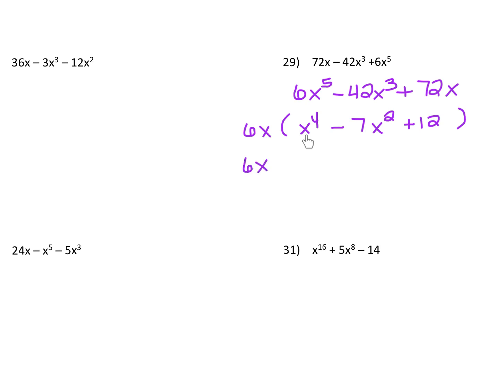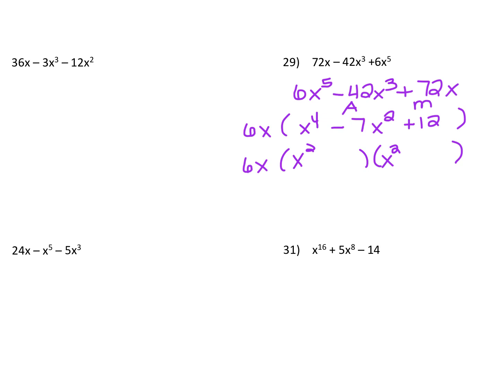And because we have a trinomial where the leading coefficient is a 1, we're going to open up 2 sets of parentheses. I'm going to put the square root of the first term in the first spot in each parenthesis, right? X squared times x squared gives us x to the fourth. That's why we're putting that here and here. And then we're just going to come up with 2 numbers that add to negative 7 and multiply to 12.